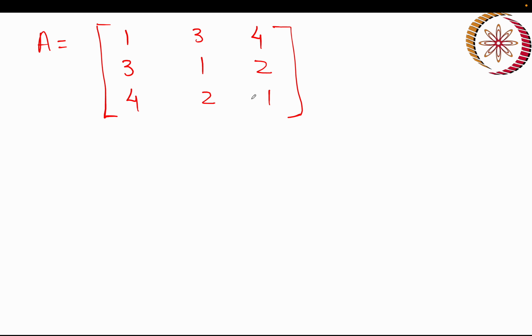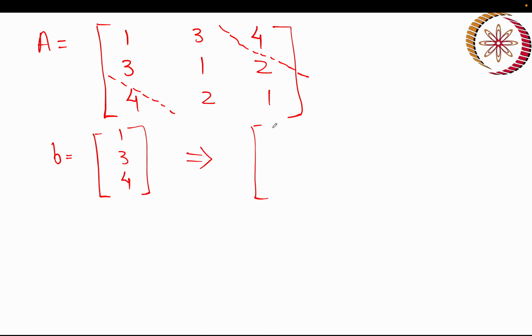Okay, so this is the matrix, and let's say we want to convert it into a tri-diagonal matrix. To do this operation, you can see that if we treat this first vector as b, then for us the b vector is 1 3 4, and we want to transform this into 1, some value instead of 3, which we'll treat as alpha, and then 0.